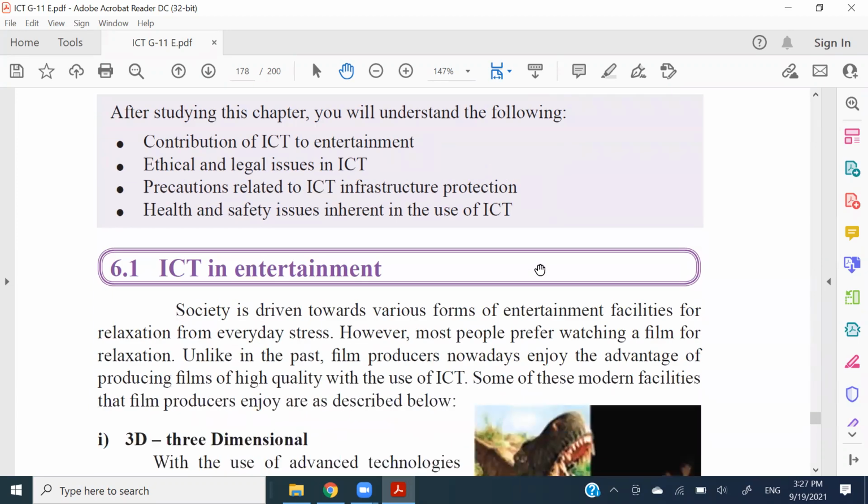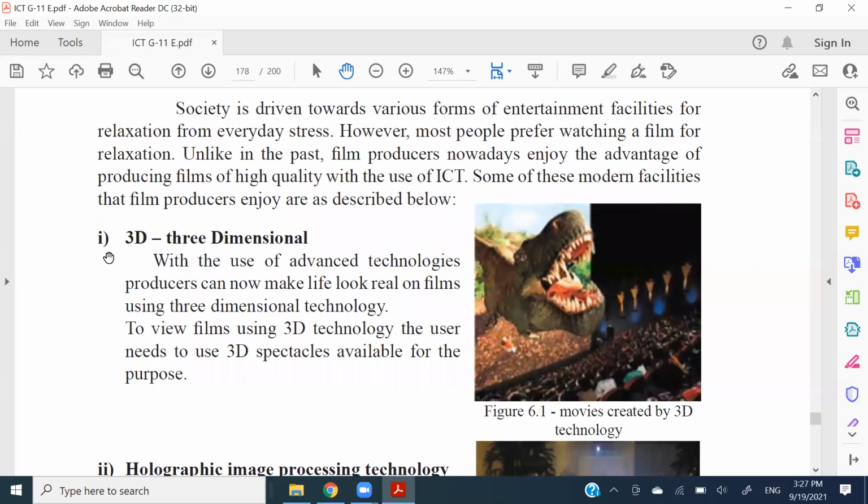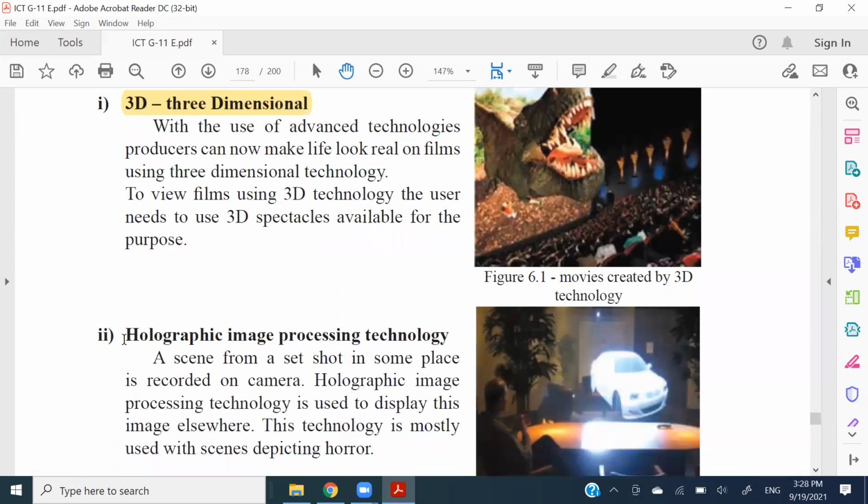Okay, so under ICT and entertainment, have the subheading, and just list down these headings, people. You don't need to explain it one by one. You know actually what these things are, right?